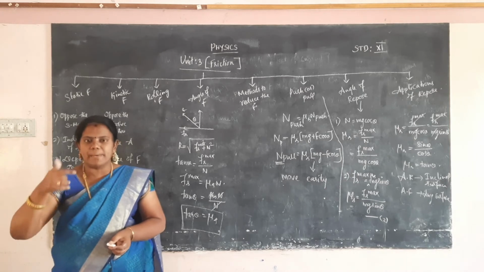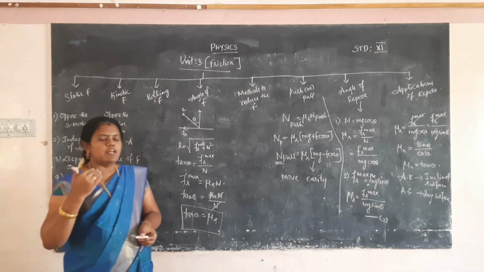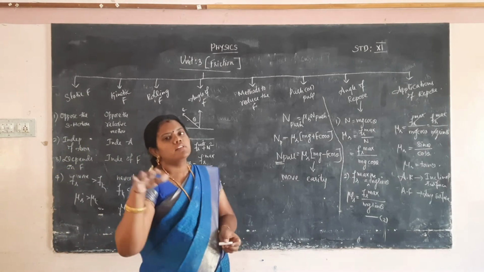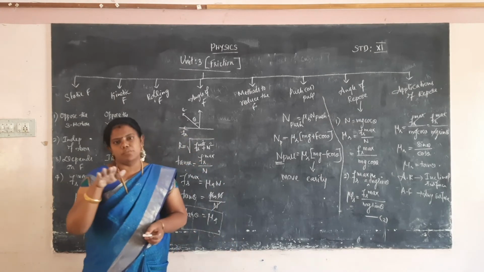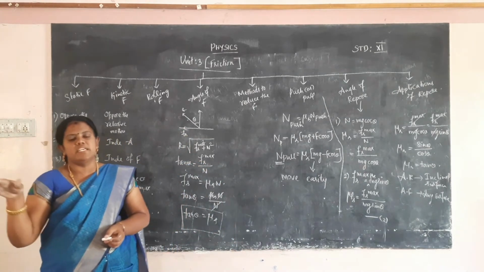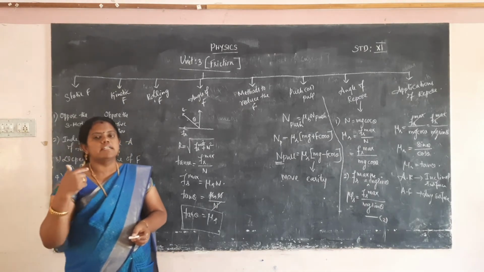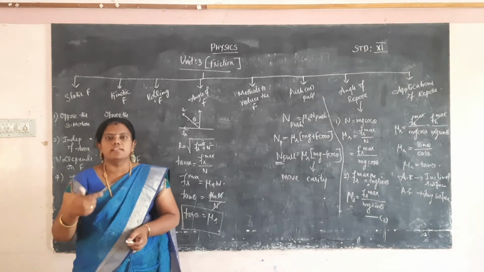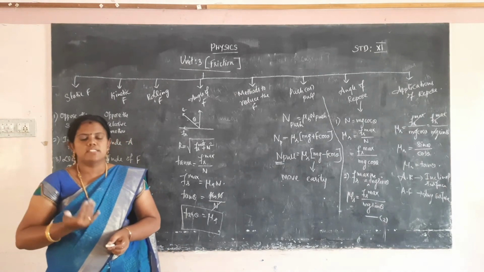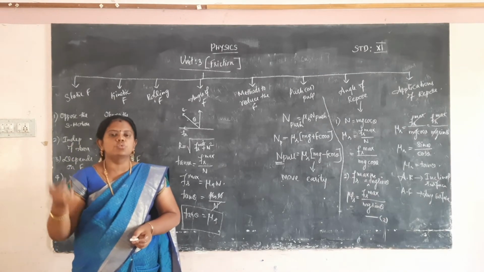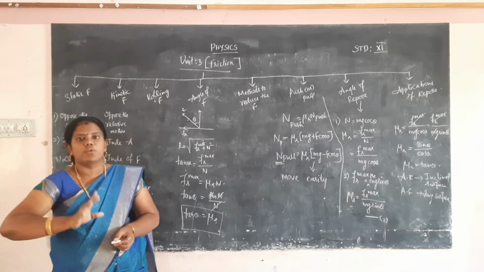But if we use some pencils or a pen between the book and the floor, the book or any object will easily move on the pen or pencil. So the pen or pencil acts as a roller between the two bodies. This is called rolling friction.